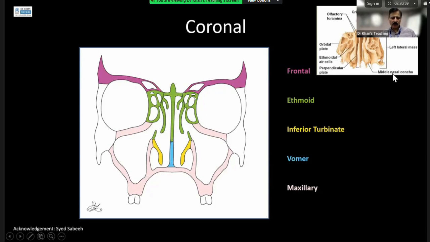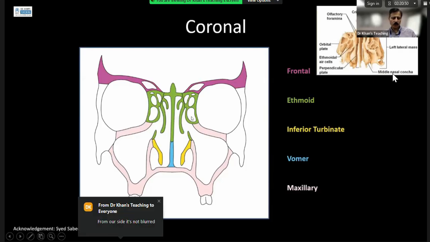Now, there is a complex structure here and a complex structure here. This is the lateral mass, also known as labyrinth, whatever you want to call it. So this is the lateral mass. The ethmoid sinus is sitting within it. So this is the ethmoid sinus, and this is the ethmoid sinus. It is aerated. And a key point to remember is that the orbits are right and left.